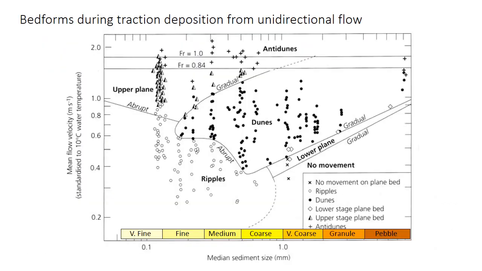So you learned last class how the bed forms that develop under unidirectional water flow are influenced by sediment grain size and current velocity, including this very important diagram here. Under typical river conditions, ripples and dunes are pretty much the main bed forms that you would expect to find.